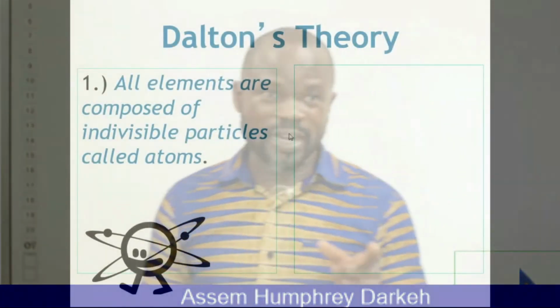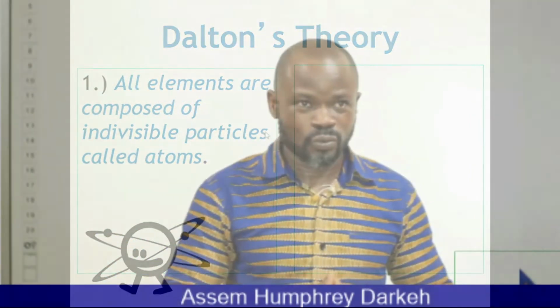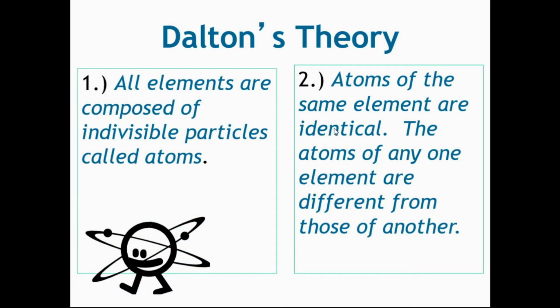We would soon find out from you what lapses you think this postulate has compared with the modern model of the atom. The second postulate, according to Dalton, says atoms of the same element are identical. The atoms of any one element are different from those of another.